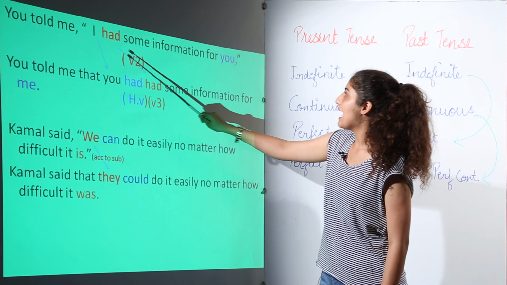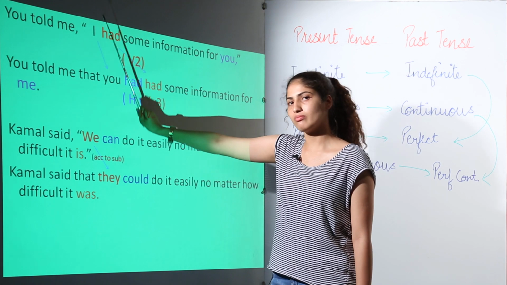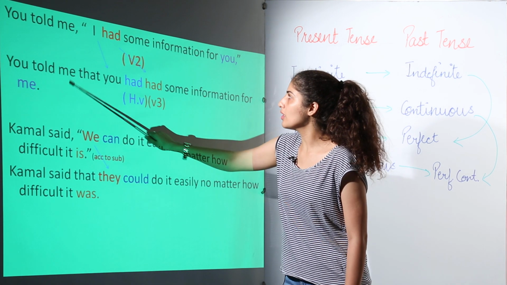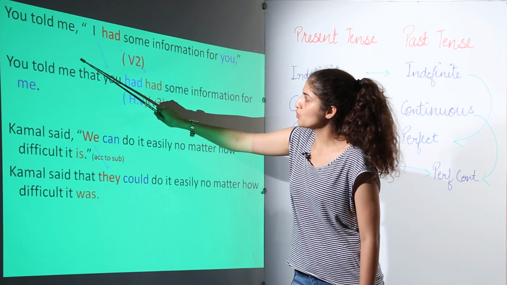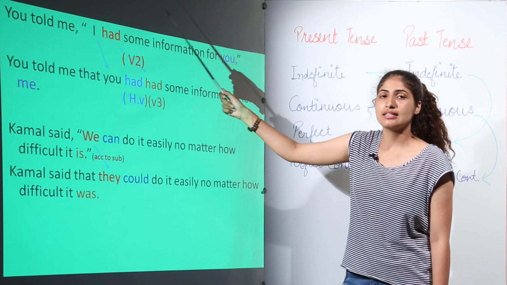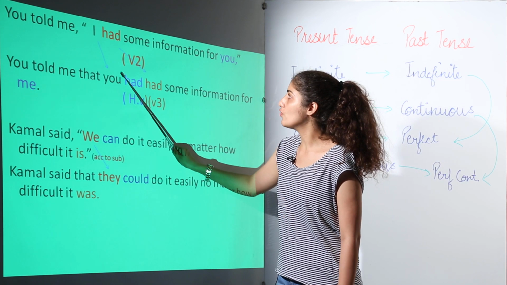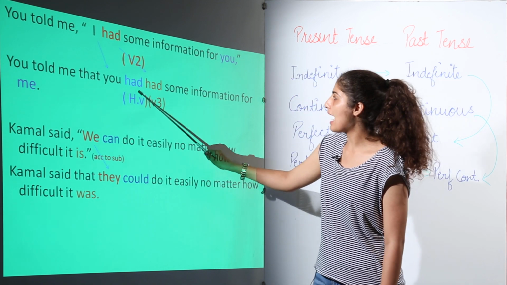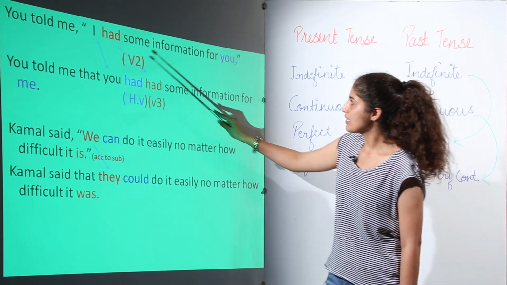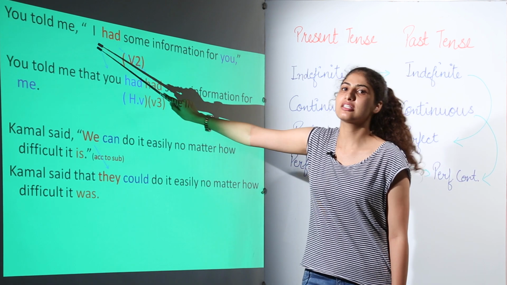You told me, "I had some information for you." Now you told me, this told will remain same. So you told me that, here the conjunction used will be that. I is the first person, so it will be used according to the subject. So you will be used, that you had. Why have I written had? See, this had is not the helping verb. We cannot say that it is a past perfect tense.